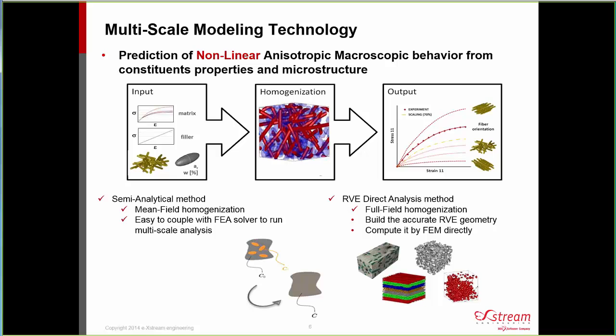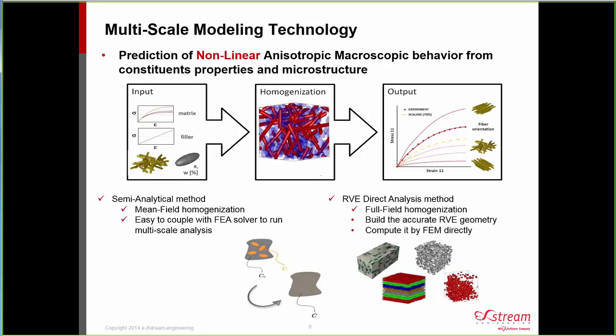Digimat takes all of this and, through a homogenization technique, predicts the nonlinear and anisotropic behavior at the macro scale for every type of fiber orientation, for example for short fiber material.